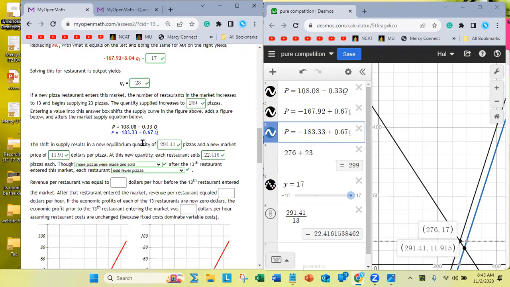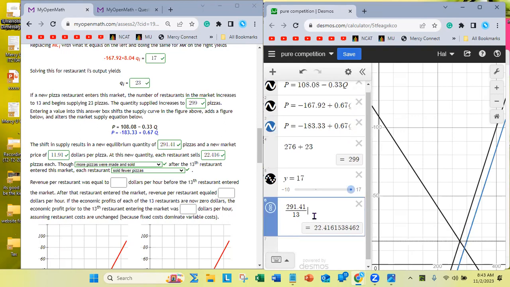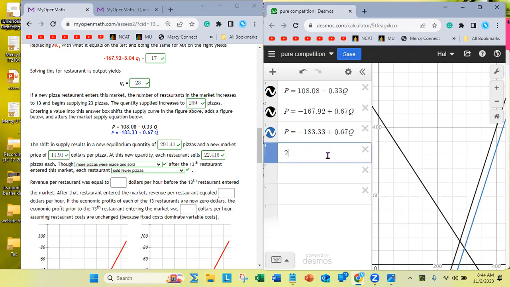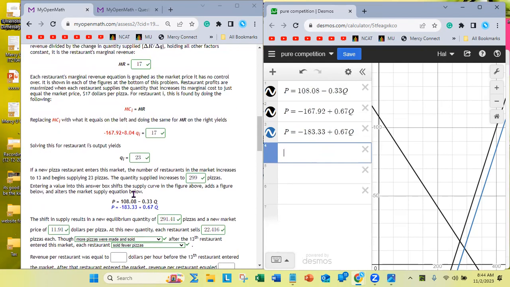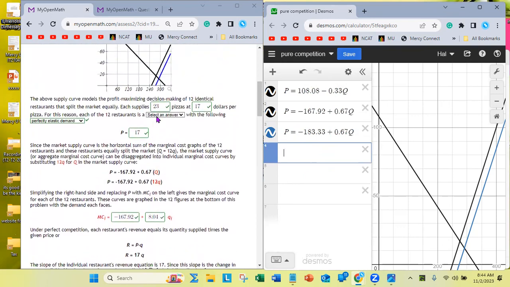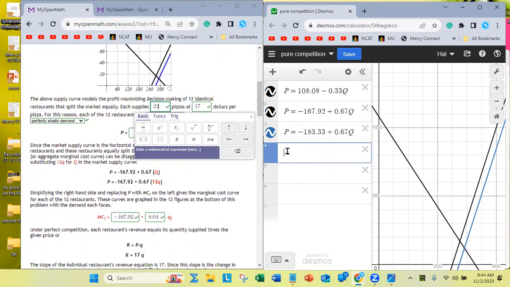Sold fewer pizzas. Now, what was revenue? What was restaurant revenue before the 13th restaurant entered the market? Well, the price is 23, right?